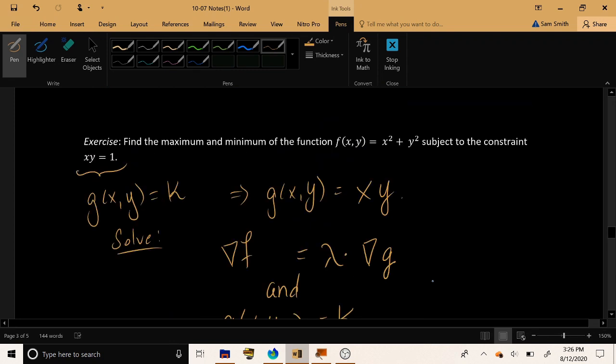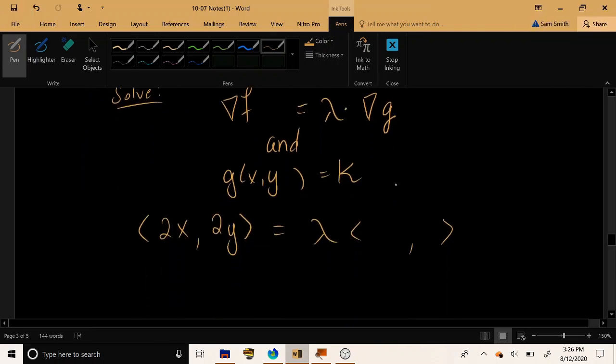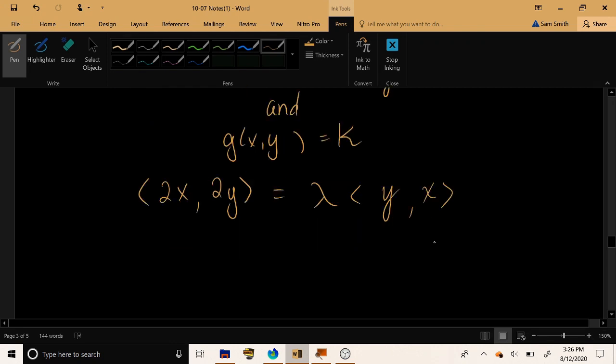And then, for g of x, y equals x times y, its gradient, we find the partial derivative in the x direction by power rule, that's just equal to y. And likewise, the partial derivative in the y direction is the other number x.